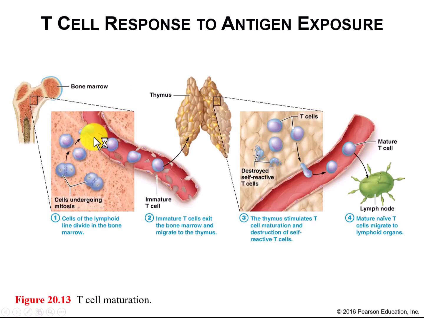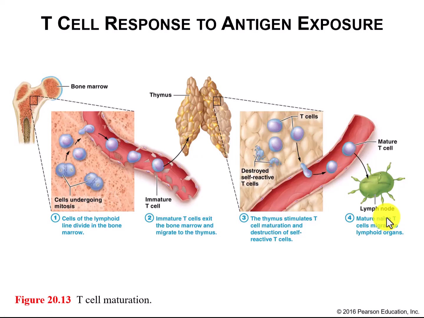T cells are made in the bone marrow. They leave the bone marrow, go to the thymus, where they are stimulated to mature, and if it is self-reactive, it will be destroyed. Once they are mature, they are naive: mature, but they have not been exposed to antigen yet.